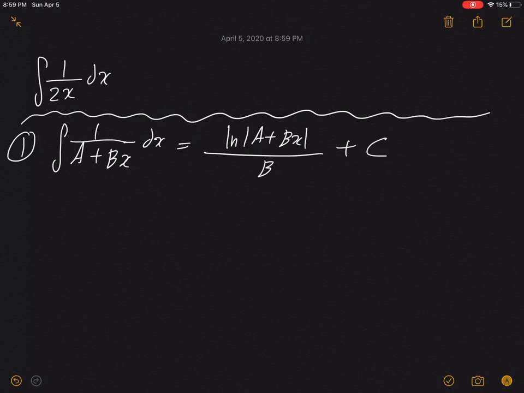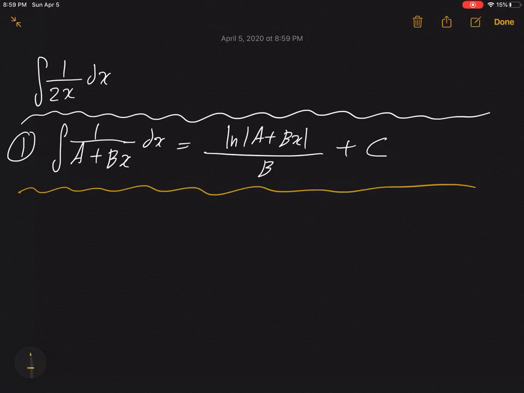And the second rule I'm going to use is the property that allows you to take the constant out of the integral. That is, the integral of 1 over, let's say just bx without a in the denominator, dx.